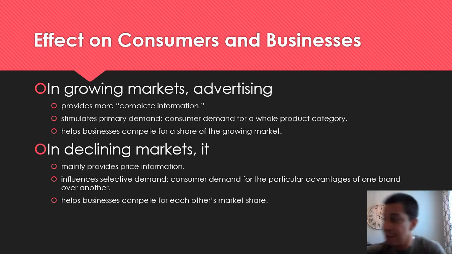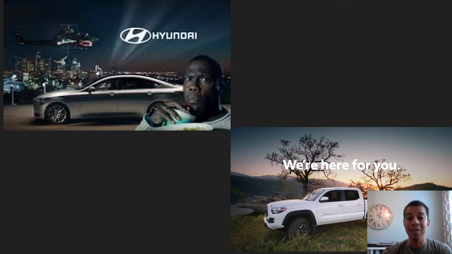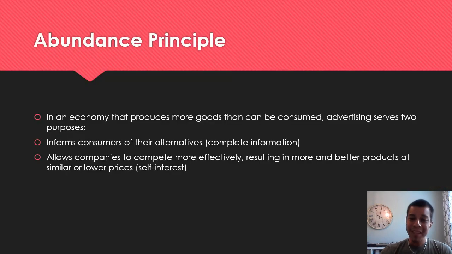For example, you're seeing the promotion of different types of cameras and how the camera works better than others and helps businesses compete with each other in market share. So here's a primary example of those ads that we see in television that would promote a declining market, which is the car business.